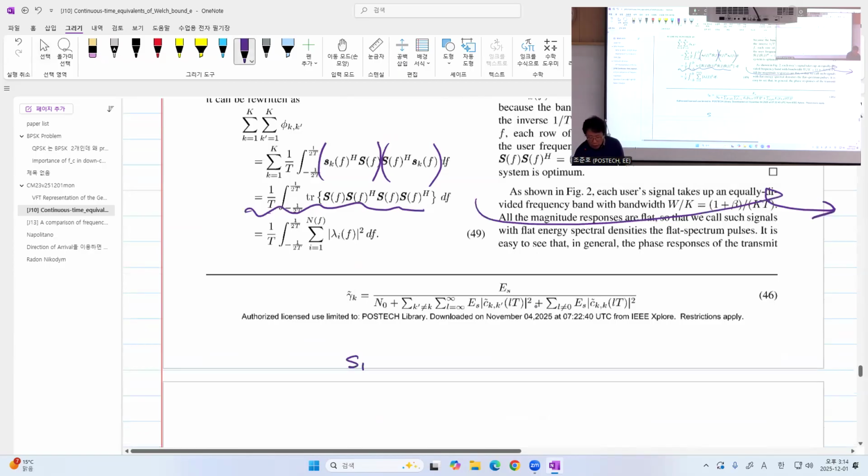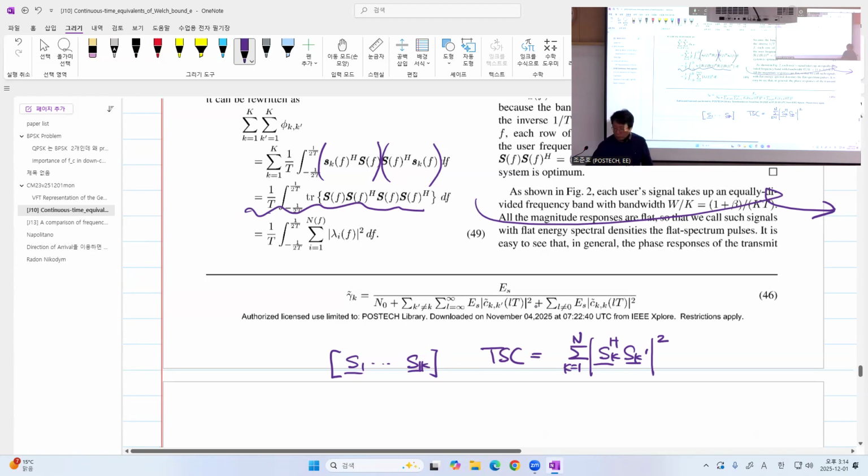So suppose you have capital K vectors, and the total squared correlation equals the inner product between two vectors squared and summed over. Got it? By the way, K prime.